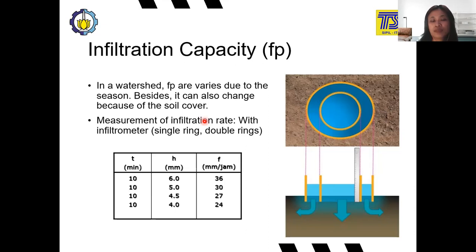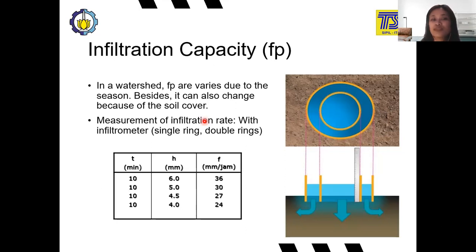It also can vary because of the soil cover. For example, if the soil is covered by grass, it will infiltrate water more easily than soil which is covered by asphalt.